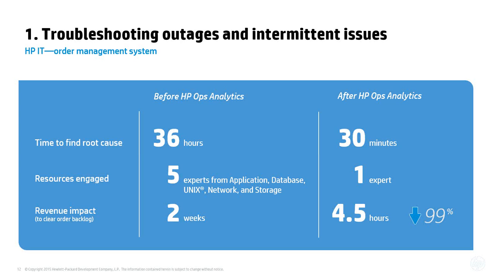This example came from the order management system at HP, HPIT, where they had an outage for the order management and ordering system, and they didn't really know what the cause was. This is one of those situations where they gathered all their experts in a room, a war room type situation, to try and figure it out.